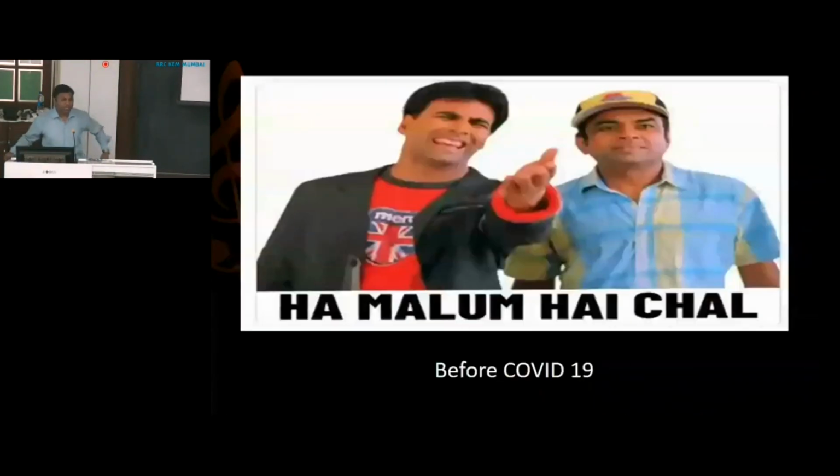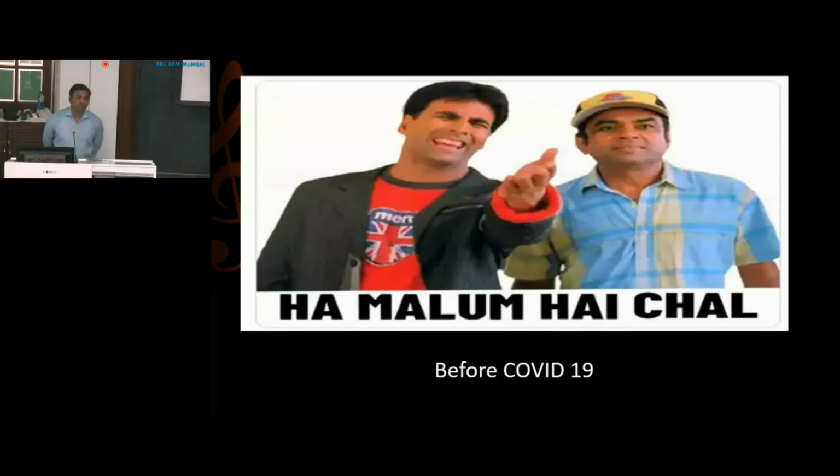Before COVID-19, when microbiology used to hold such sessions, what did the others, physicians and surgeons, say? "Yes, we know, no importance." This has been happening for the last 150 to 200 years. Then came COVID. COVID's fear taught them more than what microbiologists have been teaching them for the last 150 years. Understood? The fear of COVID.